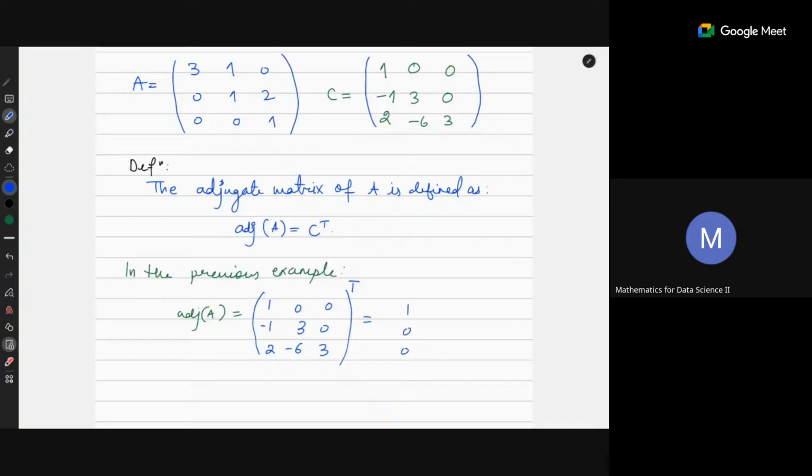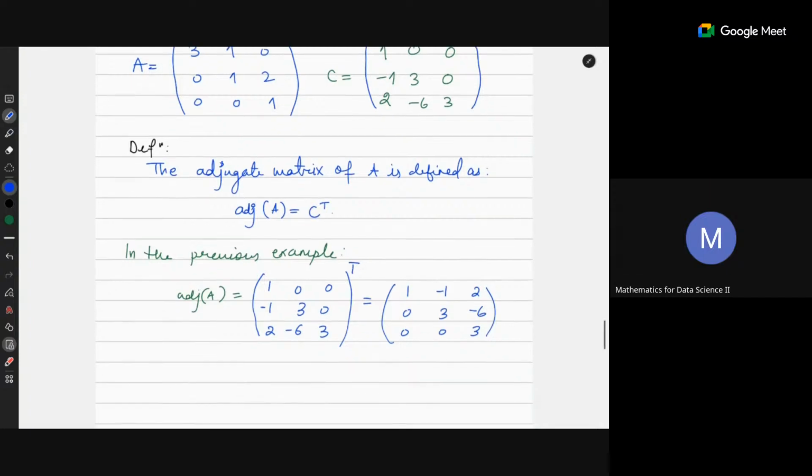This is 1, 0, 0, minus 1, 3, 0. Row becomes column, column becomes row; that is what transpose is. Then 2, negative 6. Correct. This is the adjugate matrix of A.